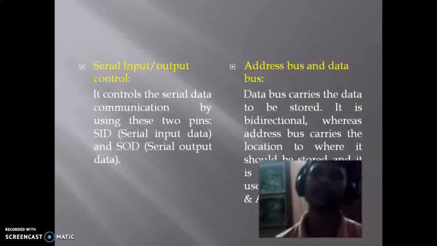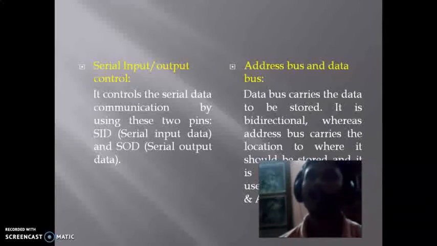SID is serial input data and SOD is serial output data. By using these 2 lines, the data can go serially in and out of the microprocessor. So these 2 lines are very important for serial communication.